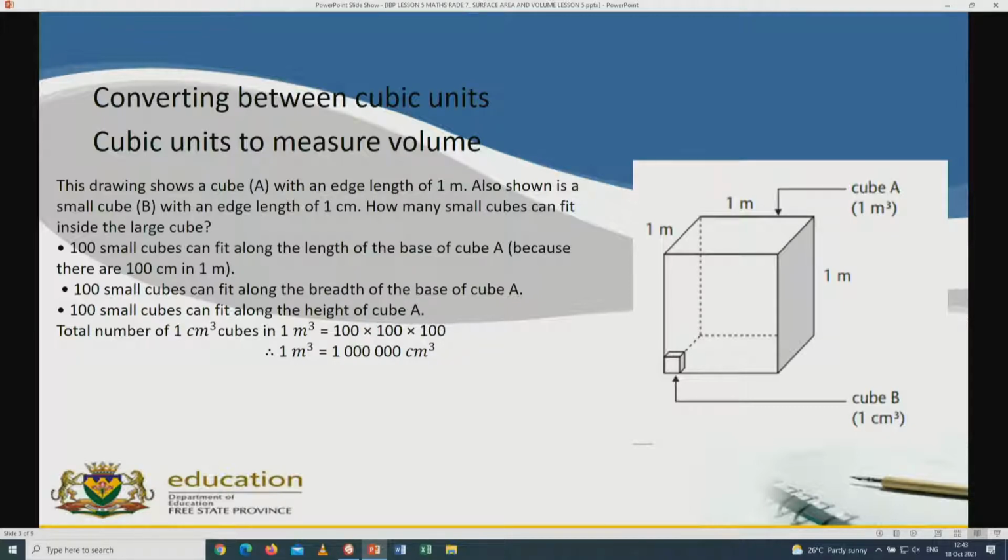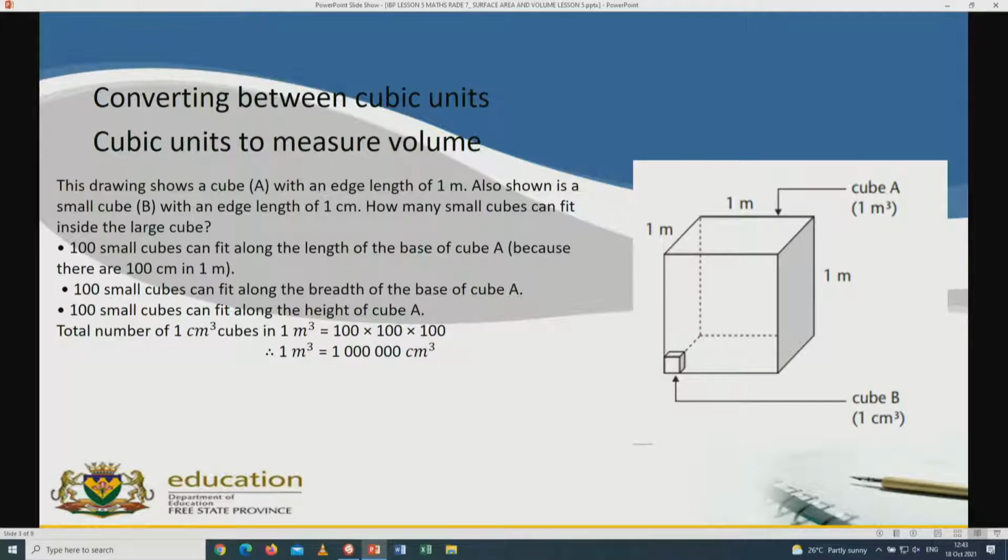So now, let me try and show this one. Let me try and draw this picture on paper. It will be a cube. You remember that the cube has all faces equal.